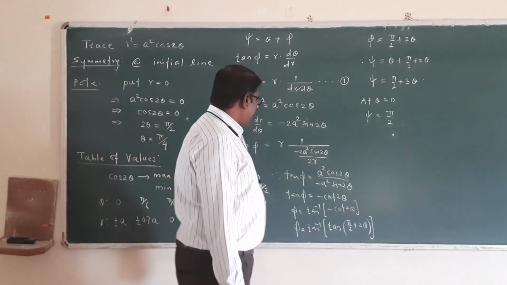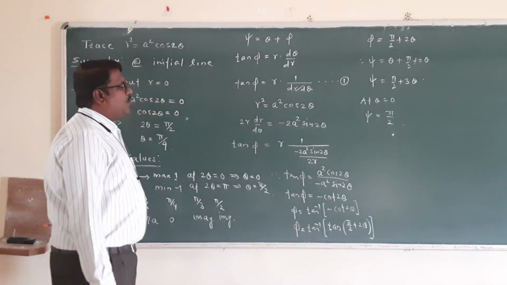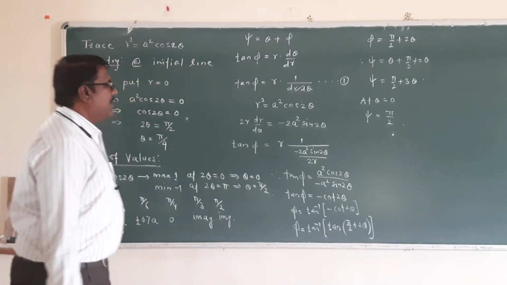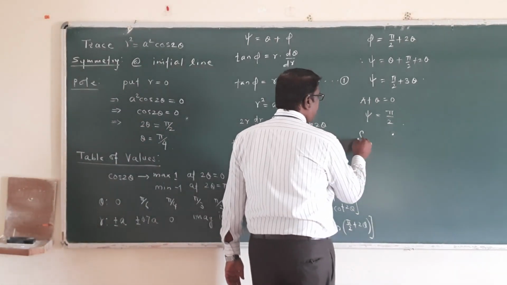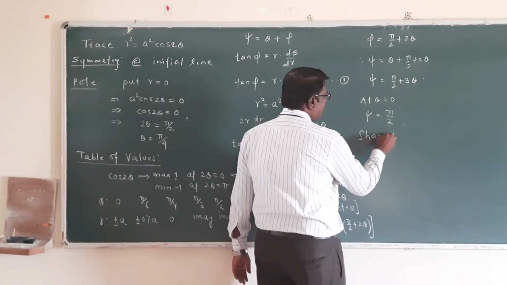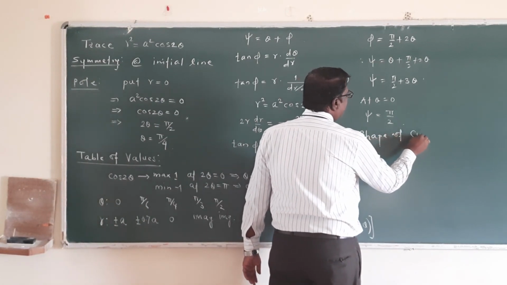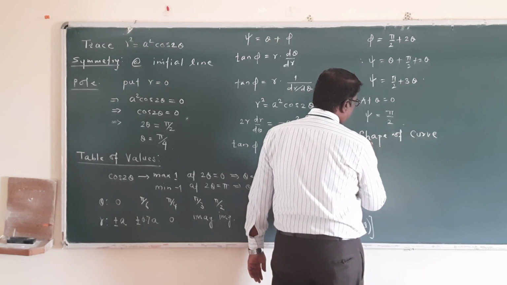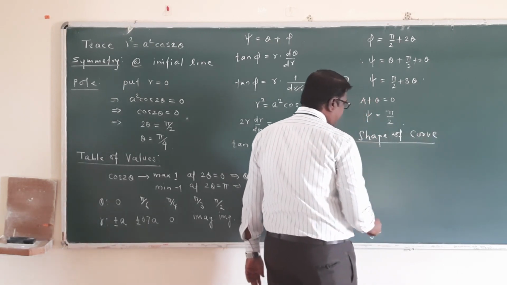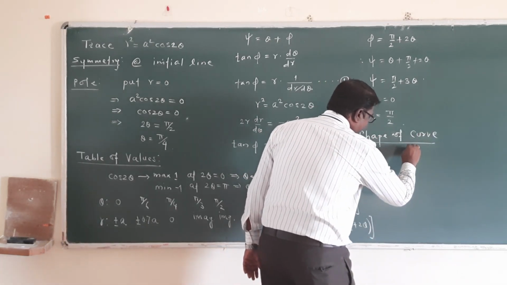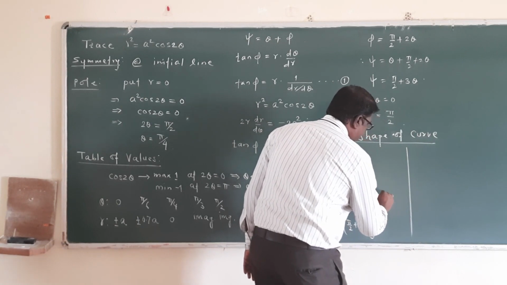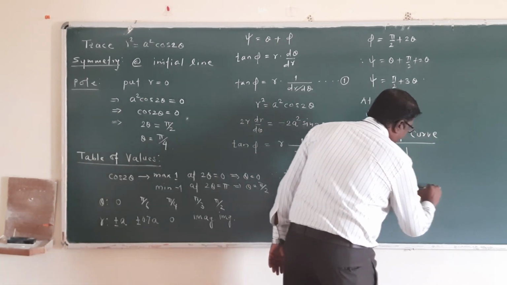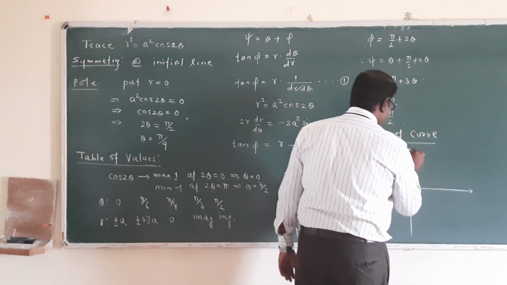So after getting tangents, now we will move towards the shape of the curve. While tracing the curve, first I will draw the initial line and pole.